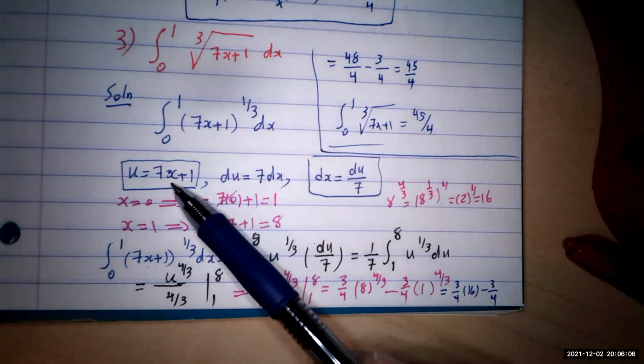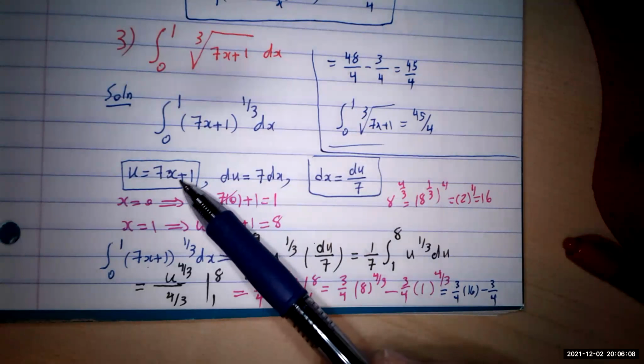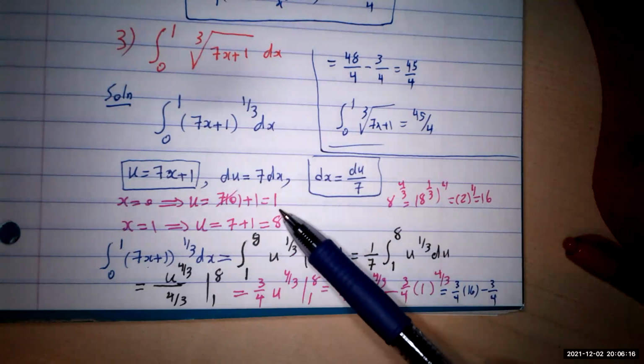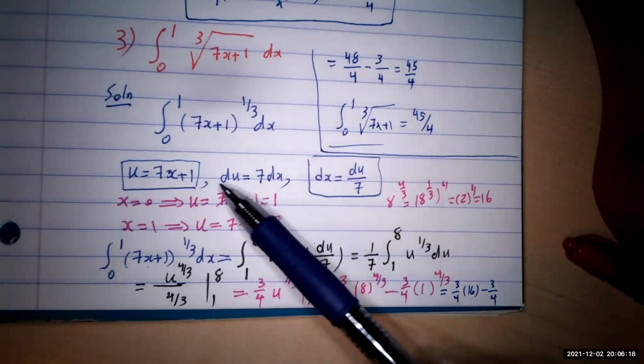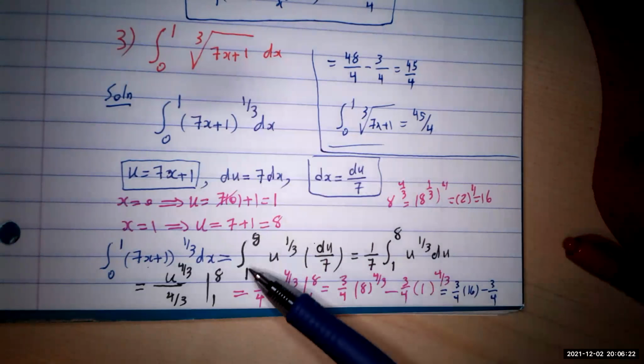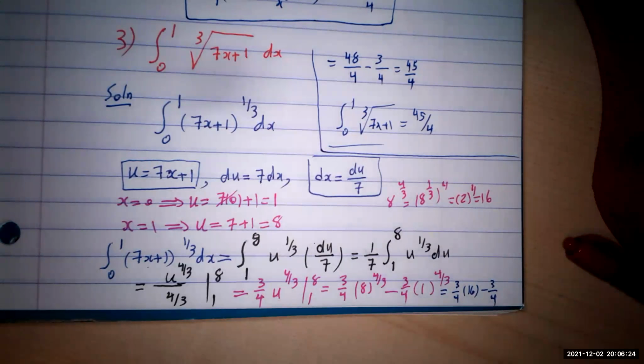So you have to do the substitution here. When x is equal to 0, the corresponding number for u is 1. When x is equal to 1, you get 8. So 0 to 1 changes to 1 to 8. Any question?